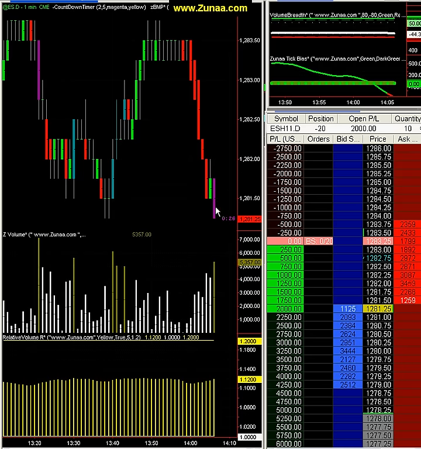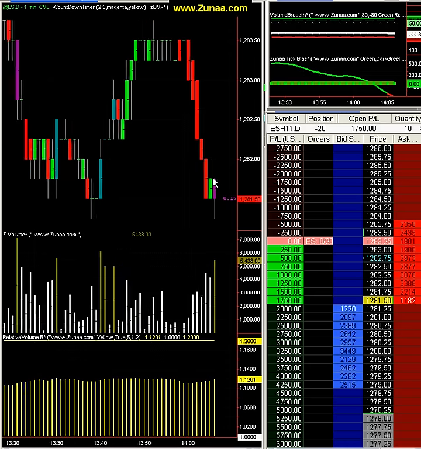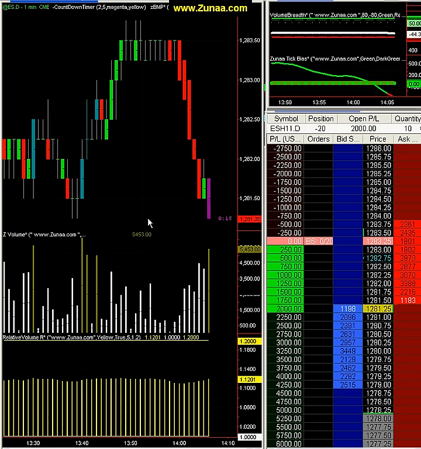Now we're seeing heavy volume come in here, but we want to see, as you can see, the heavy volume coming in, but this candle is not able to close below this low, and we want to see that low penetrated.